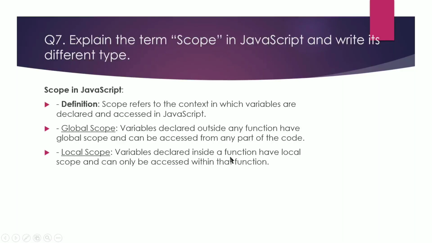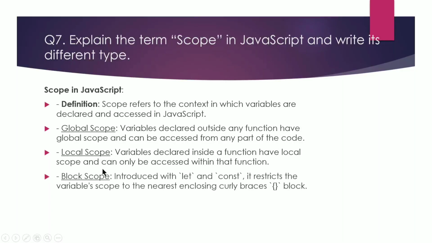Variables declared inside a function have local scope and can only be accessed within the function. If I declare a function and inside that function I declare a variable, the local scope means that variable should be accessed and used only inside that function. This is known as local scope.